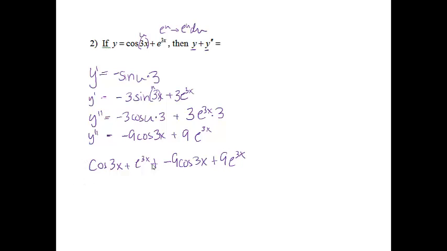If I put my cosines together, I'll get negative 8 cosine 3x plus 10 e to the 3x. That pretty much is my answer. I am going to go one more step farther. Since I noticed that 2 would go into both parts, I'm going to factor out a 2. And I'll be left with negative 4 cosine 3x plus 5 e to the 3x, and then that would be my answer.